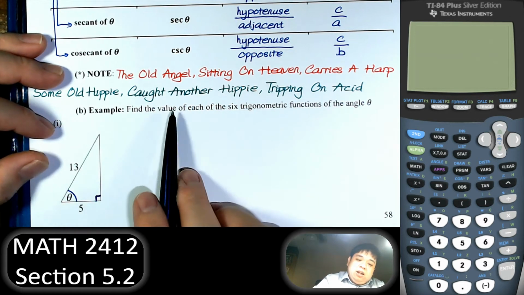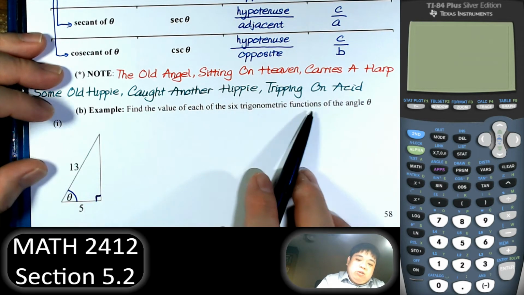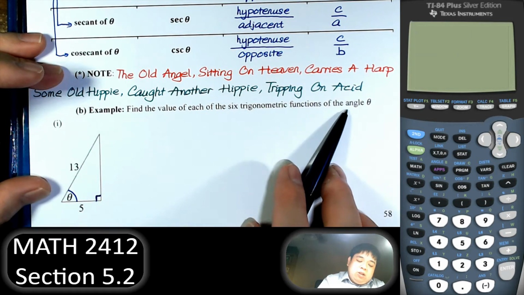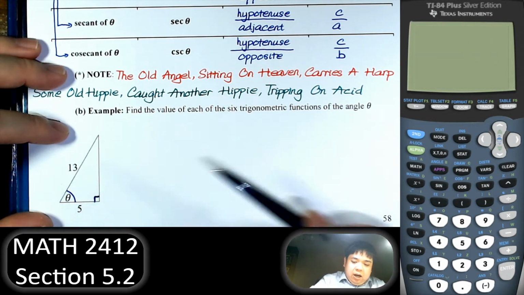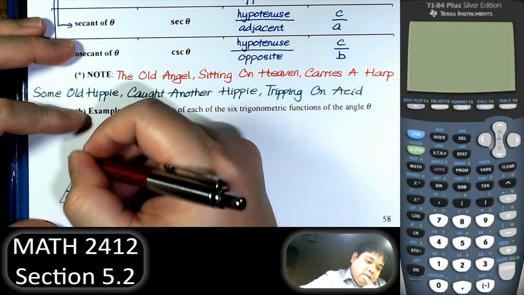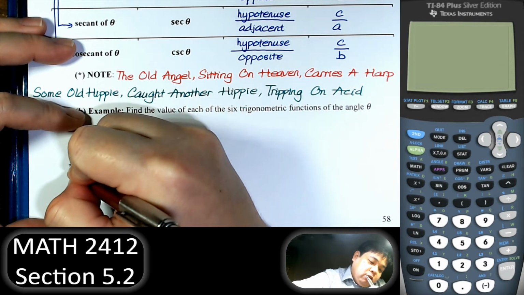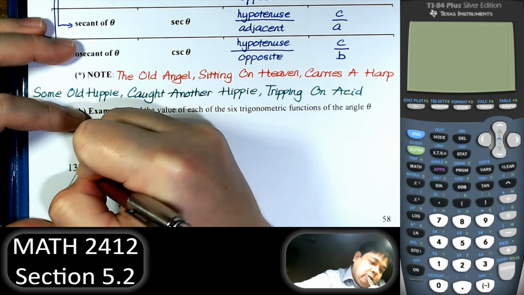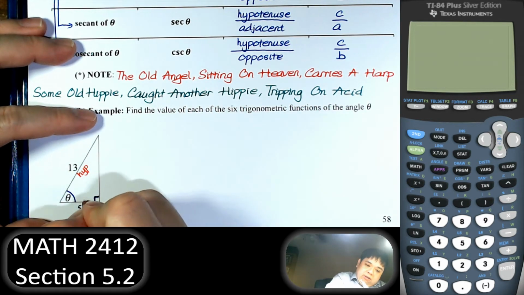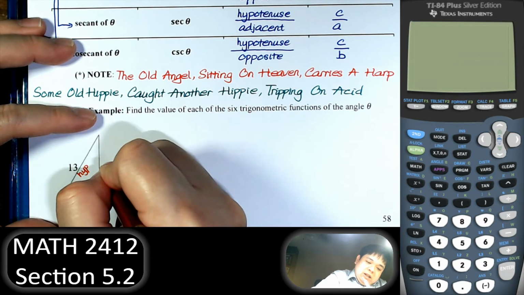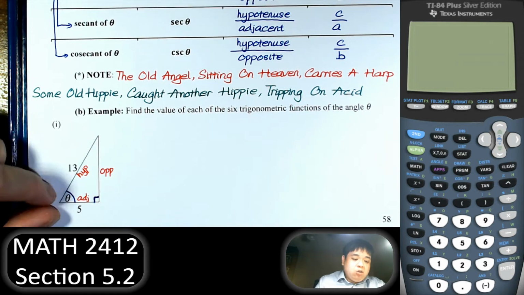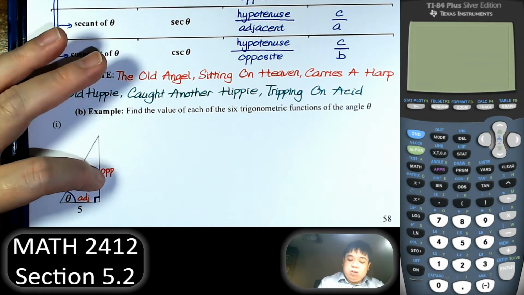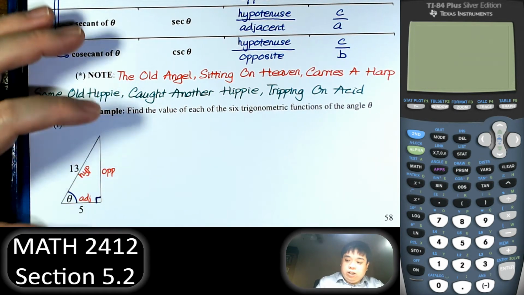Now we have this right triangle, and we need to find the values of the 6 trigonometric functions of the angle theta. First we have 13, which is the hypotenuse. 5 is adjacent to the angle, and this is opposite to the angle. We know the hypotenuse and the adjacent, but we do not know the opposite, so first we need to solve for it.